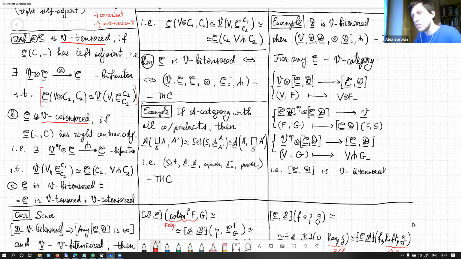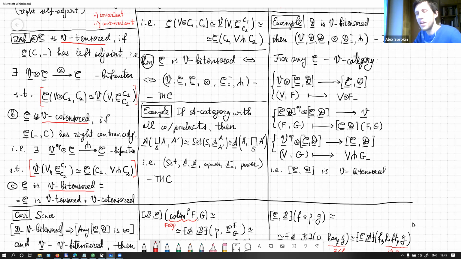Category C is cotensored if contravariant Hom has a right contravariant adjoint. So we have a cotensoring bifunctor such that the following isomorphism holds. Category C is called V-bitensored if both hold. That's my notion. Usually people write that it is tensored and cotensored, but it's a little too long.